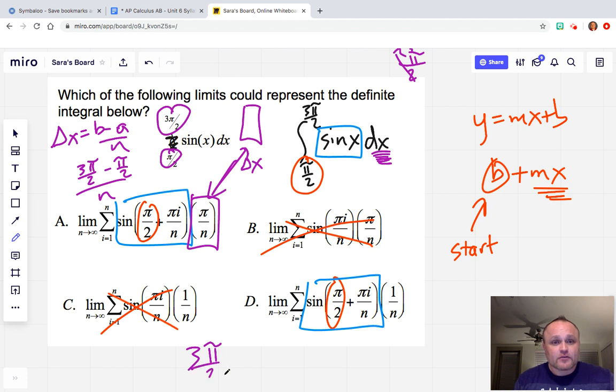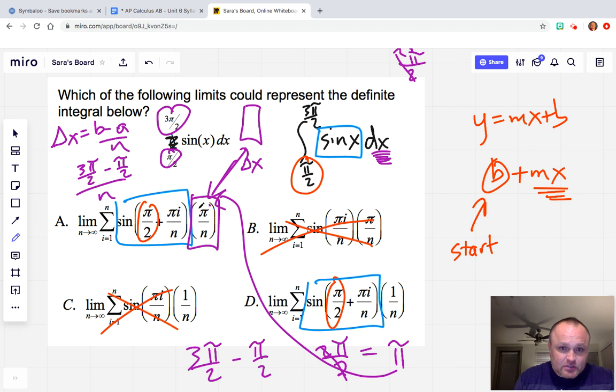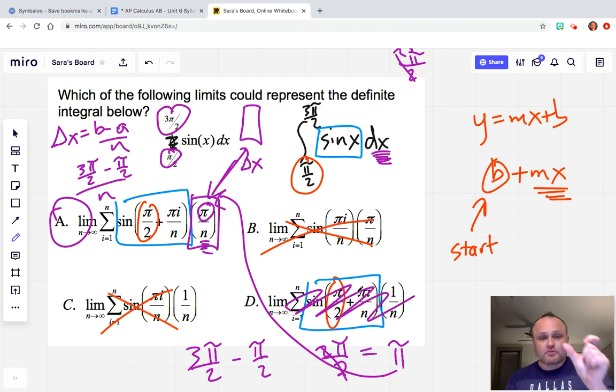It's 3 pi over 2 minus pi over 2, which is going to be 2 pi over 2, which reduces to pi. Okay, so that shows that this is a jump of pi for each n rectangle. Okay, so this right here, A, would be the answer. This didn't show that it had a jump of pi each width.